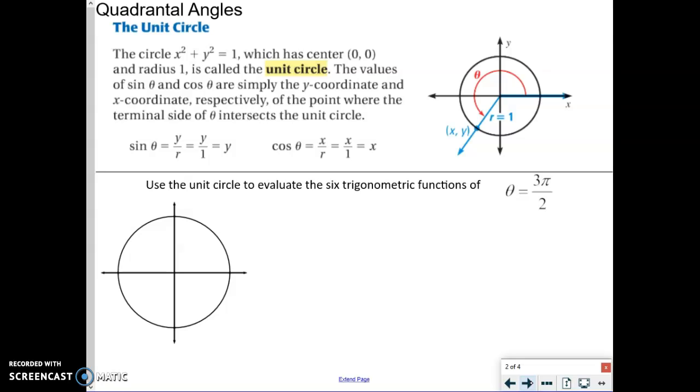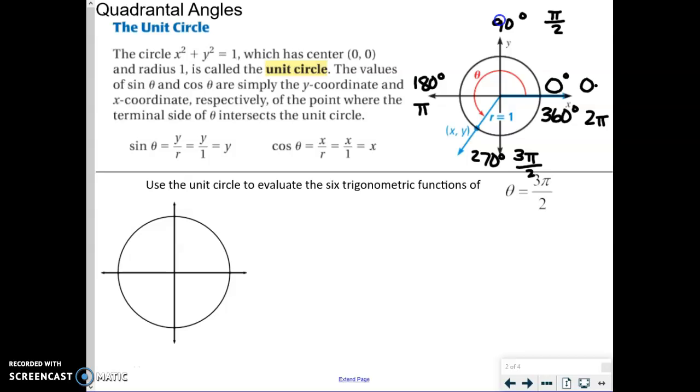So the quadrantal angles are 90 degrees, which is also 1/2 pi radians, 180 degrees, or pi radians, 270 degrees, or 3/2 pi radians, and the last one would be 360 degrees, or 2 pi radians. On the flip side of that, we would also have 0 degrees, which would be 0 pi radians.